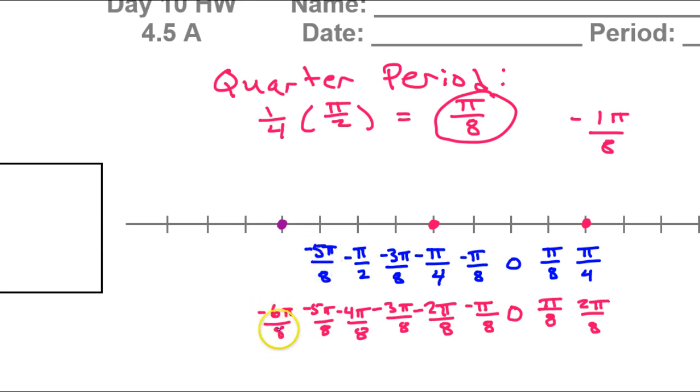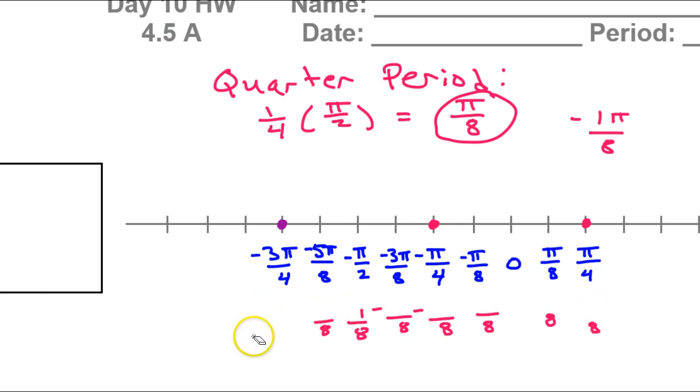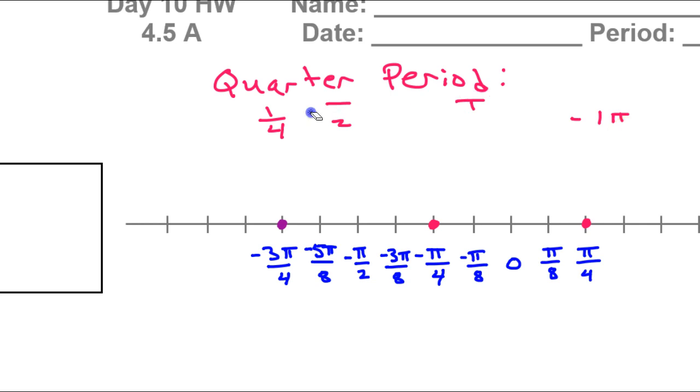Negative 6 pi over 8 is negative 3 pi over 4. Okay, so these 9 x values must be labeled on your x-axis. Mandatory. Okay, I'm going to go ahead and erase this now that I've done it. And I'm going to erase this too.